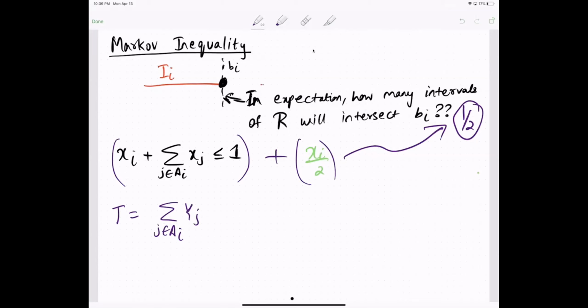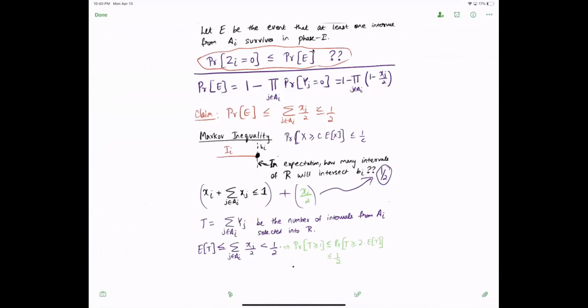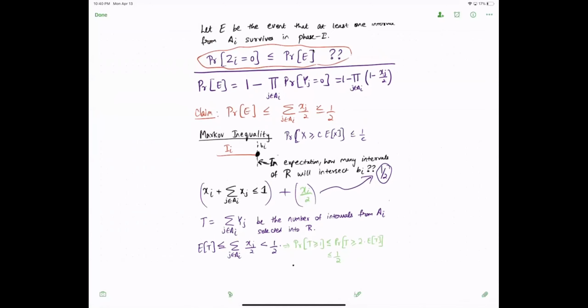So then what's left here? We're almost done. We have shown that the probability of T being greater than or equal to 1 is at most half.